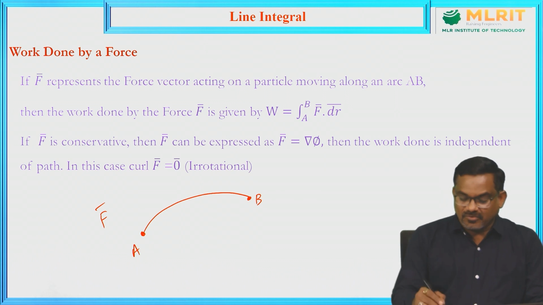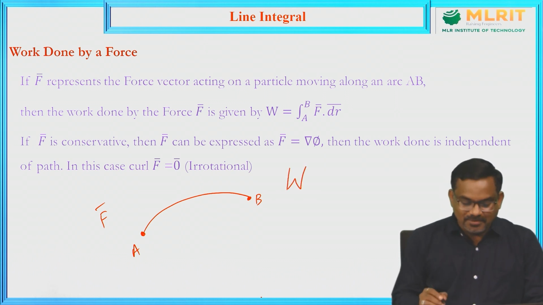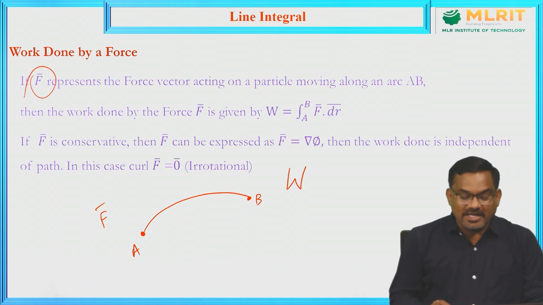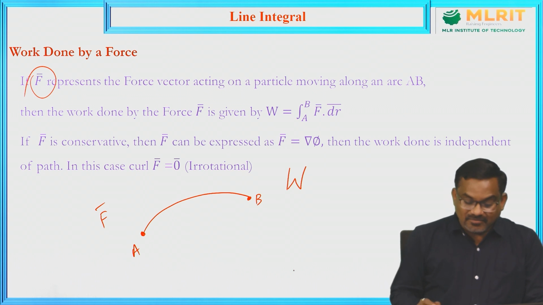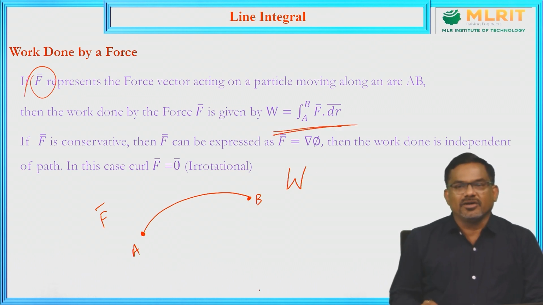That work done, W, is calculated using the line integral. Simply, if F bar is the force vector acting on a particle moving from A to B, then the work done W is given by the line integral from A to B of F bar dot dr bar.